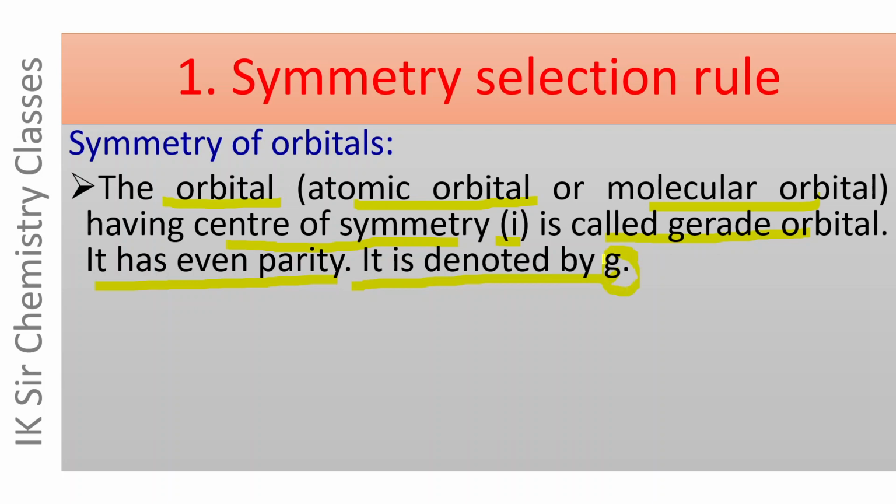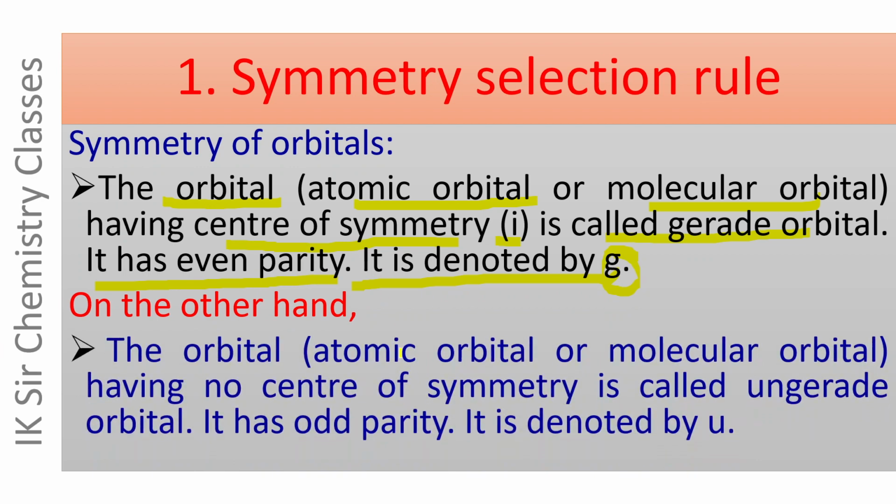On the other hand, the orbital, again, which may be an atomic orbital or molecular orbital, having no center of symmetry, is called an ungerade orbital. It has odd parity and it is denoted by u. u stands for ungerade, while g stands for gerade.